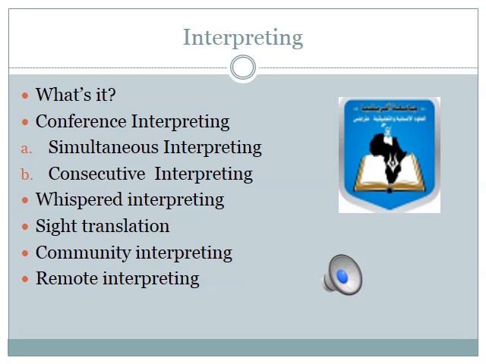Now the next type of interpreting is community interpreting. This is a type of interpreting that takes place in the course of communication among speakers of different languages in the context of providing public services such as healthcare and community services, and in settings such as government agencies, community centers, legal settings, educational institutions, and social services.